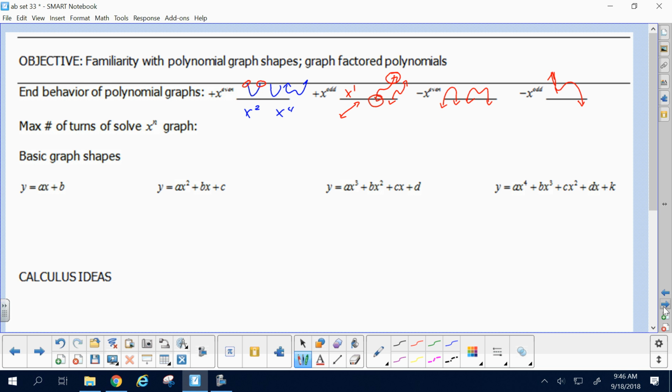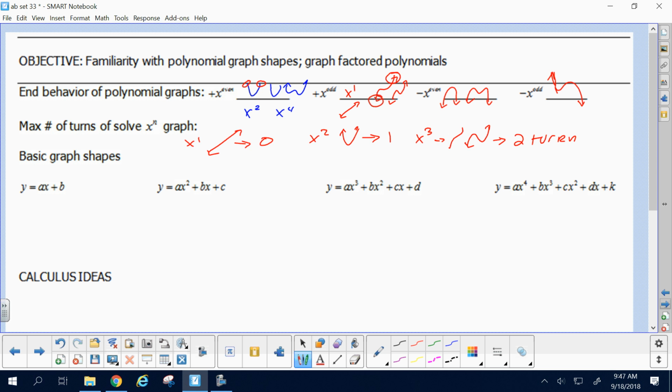Max number of turns. X to the 1st looks like that. How many turns does it have? 0. X squared looks like that. How many turns does it have? 1. X cubed could look like that and have none, but it could take up to, how many turns does that have? 2 turns.